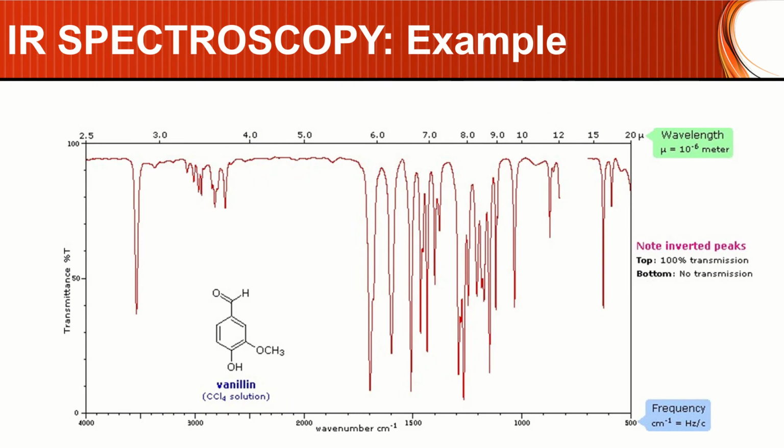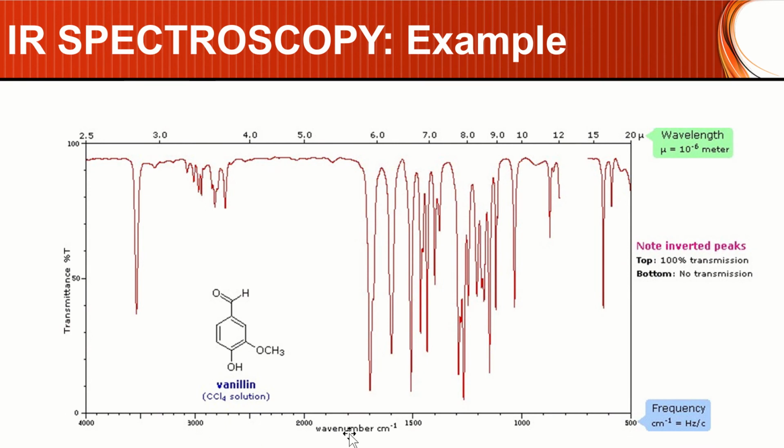All right, so this is how our IR spectrum looks, right? So we have our wavelength here, and you might not necessarily see the wavelength. Microns is equal to 10 to the minus 6 meter, which we just looked at in the conversion factor.